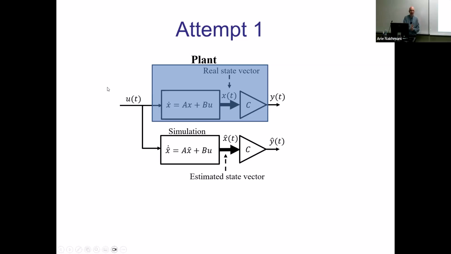How was that? What's wrong with that attempt? Why will this not work? This is simple. Assuming that you know matrices A, B, C well, which is not exactly true, but let's even assume that you know them perfectly well. It still will not work. Why is that? You will not estimate the correct X using that.